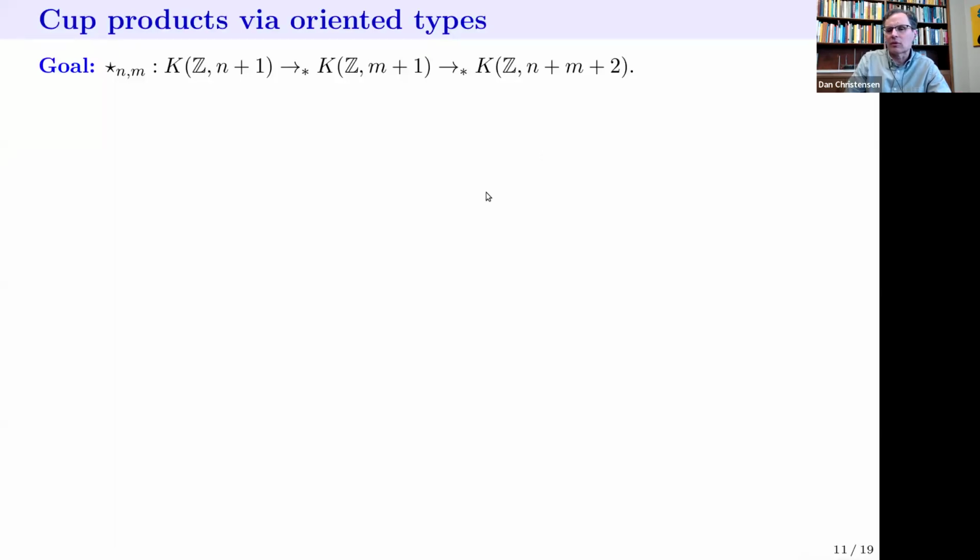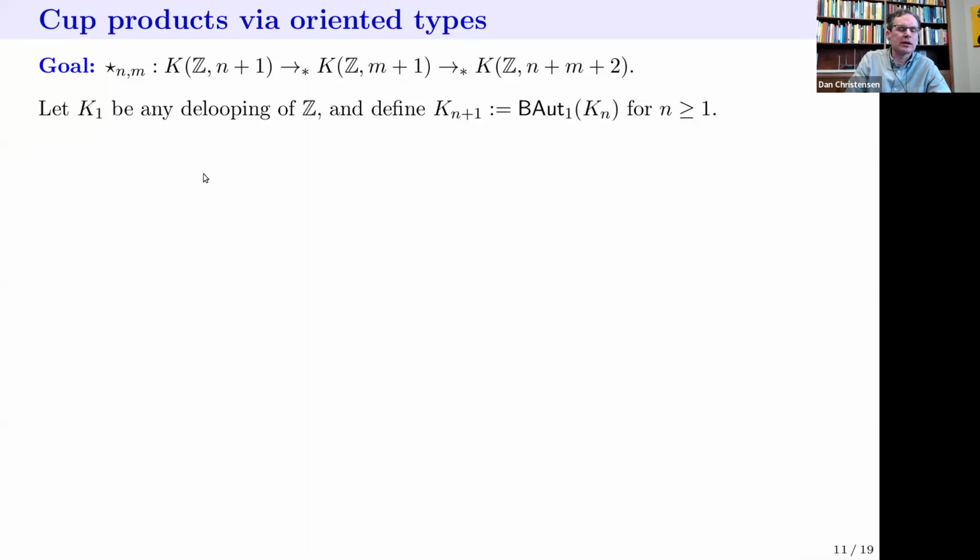So again, the trick will be to use a good choice of these Eilenberg-Mac Lane spaces. First I'm going to use K1 for a KZ1, and I'll use any KZ1. I don't do anything special for that choice. But then from then on, I keep applying B01 to the previous one. So I get these iterated B01 constructions.